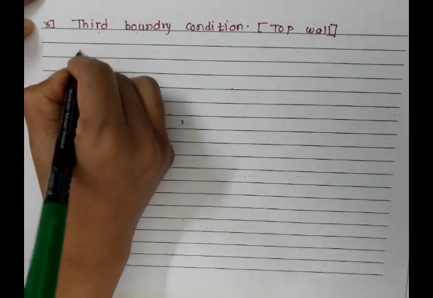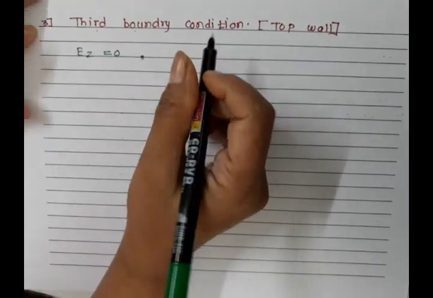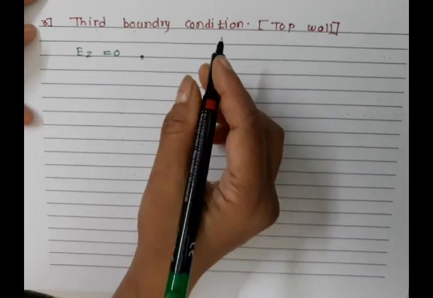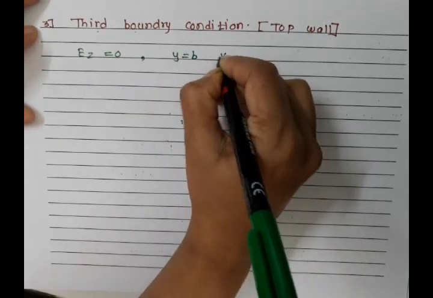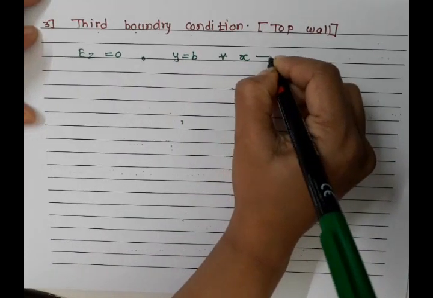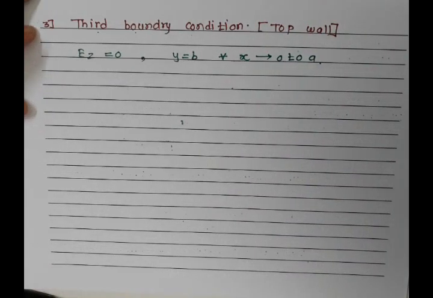In the top wall also, as we have seen, Ez is equal to 0, where y is equal to b and for all x varies from 0 to a. So this is my third boundary condition.